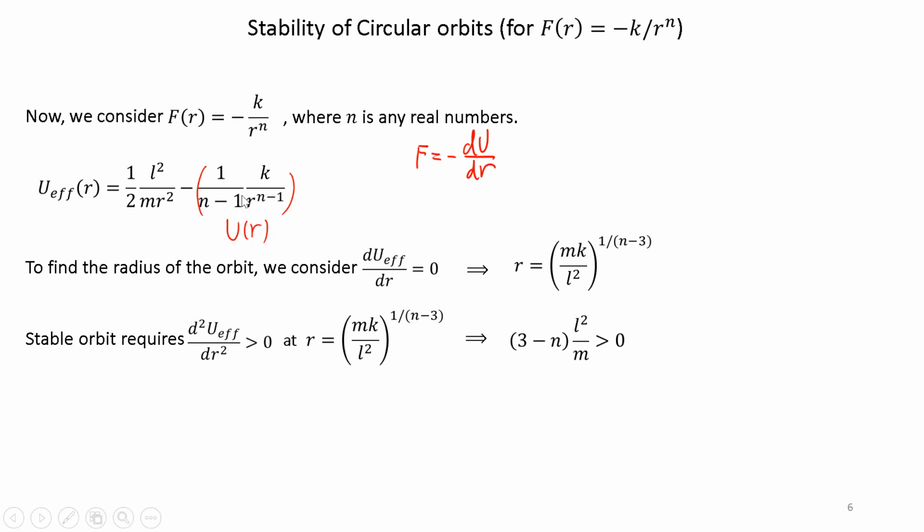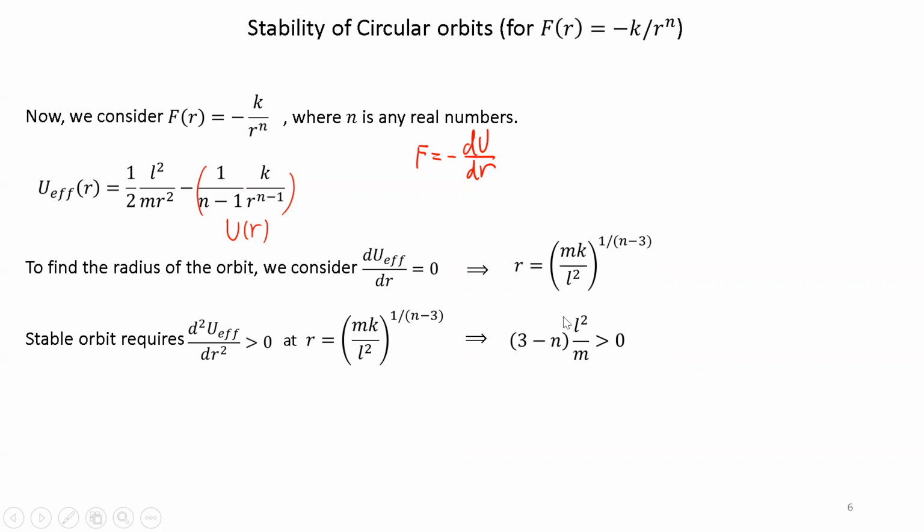If you actually take it and substitute this value back into the expression, you will find that if you require the second order derivative to be greater than 0, that means a minimum point, and that would require you to satisfy this inequality over here.